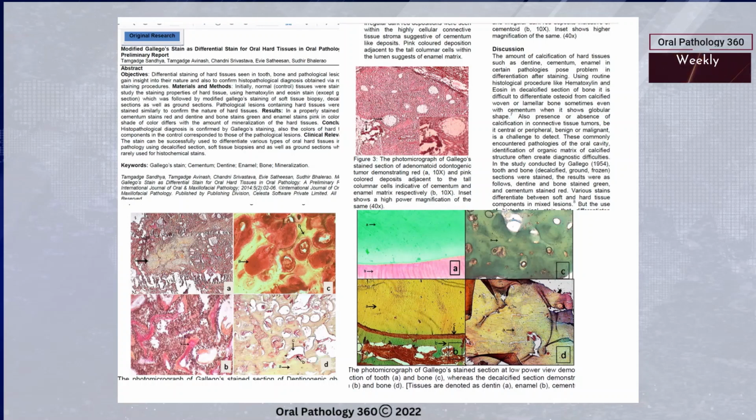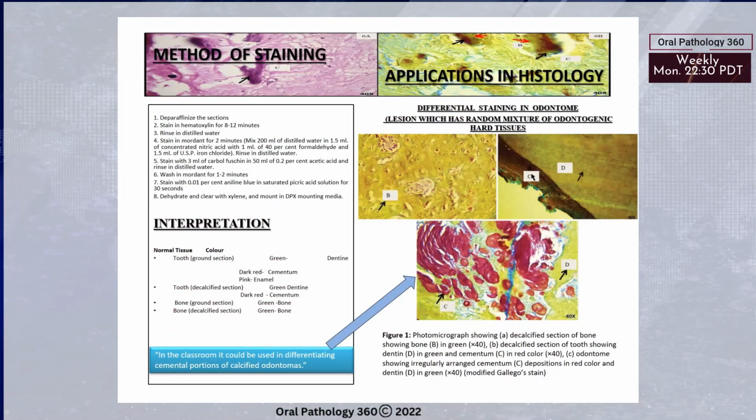So this is an AOT, and these are the tooth and bone sections giving all the colorful results, and these are various other odontogenic tissues stained with Gallego stain, modified Gallego stain. And this is what we got, odontoma, a beautiful picture of odontoma, all red globules are cementum interspersed in the dentine.